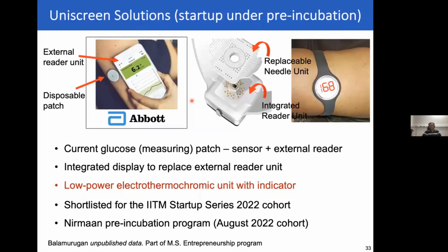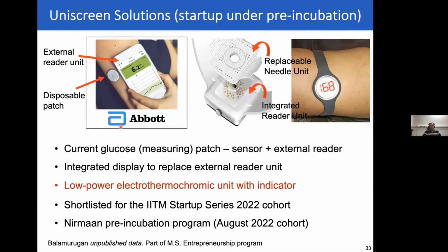IIT Madras has something called an MS entrepreneurship program, where the idea is we actually take these sort of technologies that are developed in the lab and then try and take it towards some useful application. One of my students is part of this program, and his idea is to actually use these sort of units as a display unit for a glucose patch.